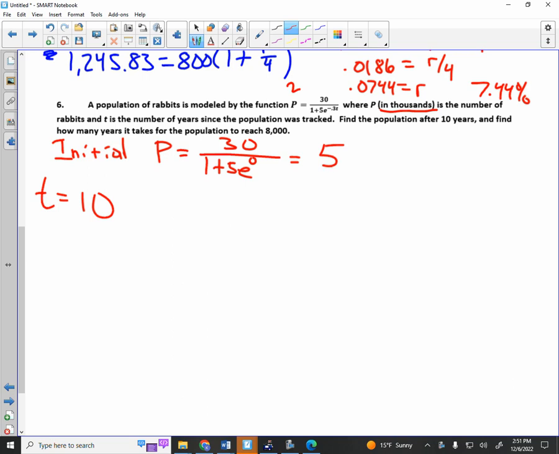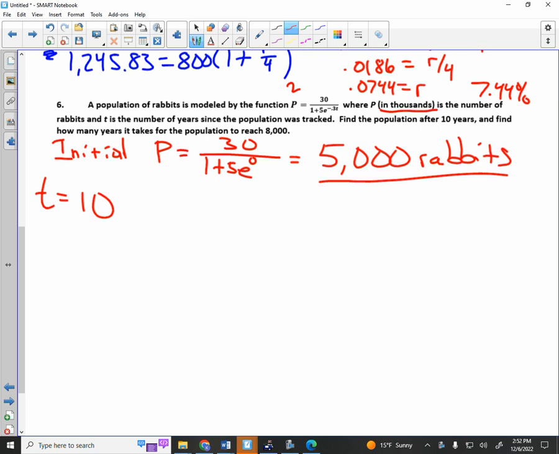So I have 5 rabbits to start with. 5,000 rabbits to start with. Everybody okay with that? Do we have to write it like that even though they're asking? We have to state 5,000.